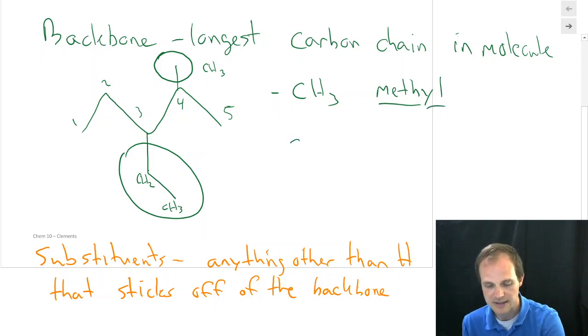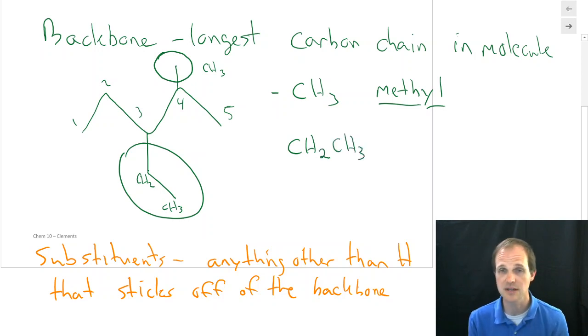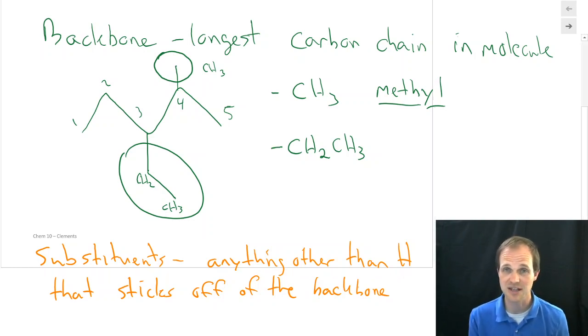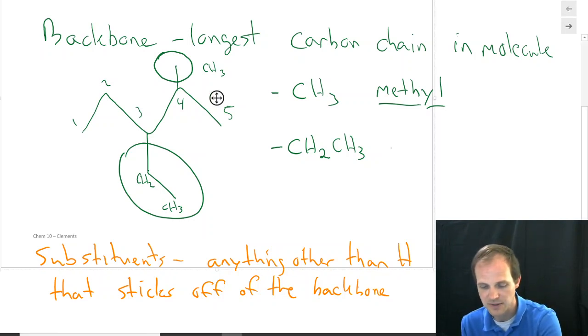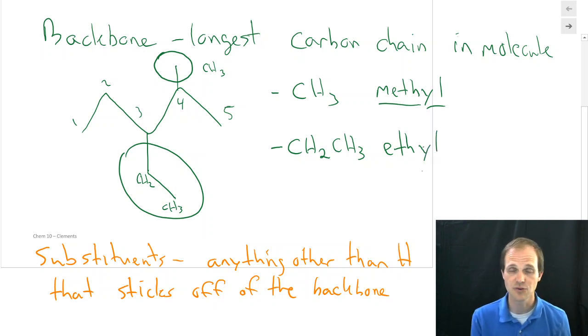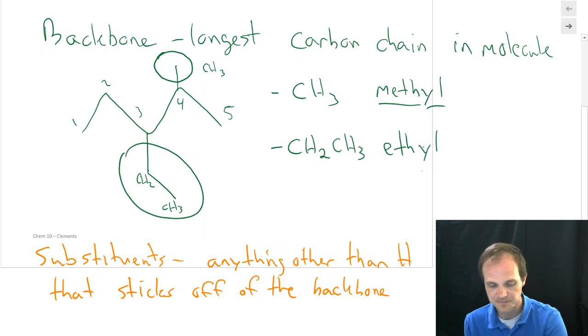Over here, we had a CH2, CH3 sticking off, and I'm using those condensed formulas right now. This dash that I'm going to put in front of it means it's attached to something there. There's a bond there that we're not drawing. When we had 2 carbons, we called it ethane. So it's got the eth, but now it's going to be ethyl to say that it's a group. It's a substituent on a molecule.